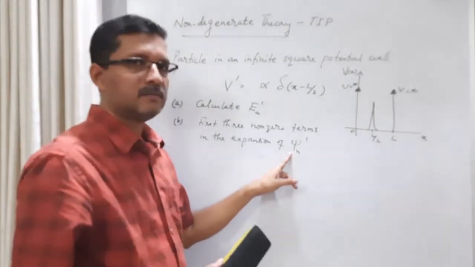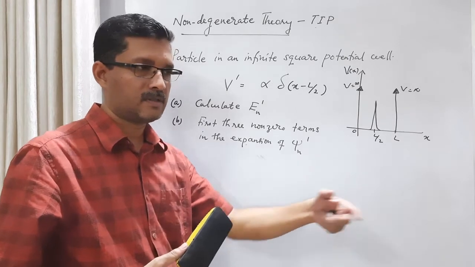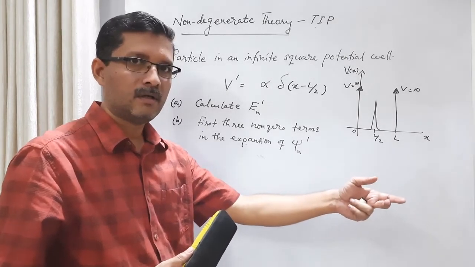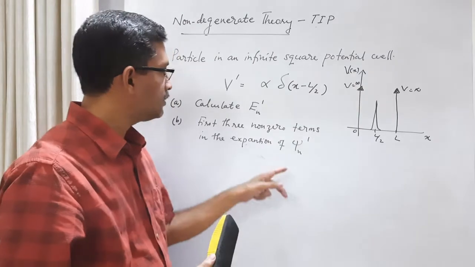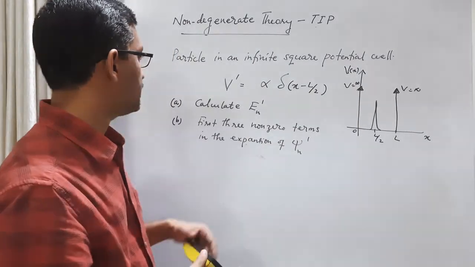Remember that the first order correction wave function is expressed as a linear combination of eigenstates, unperturbed states. So what are the first three non-zero terms in the expansion?